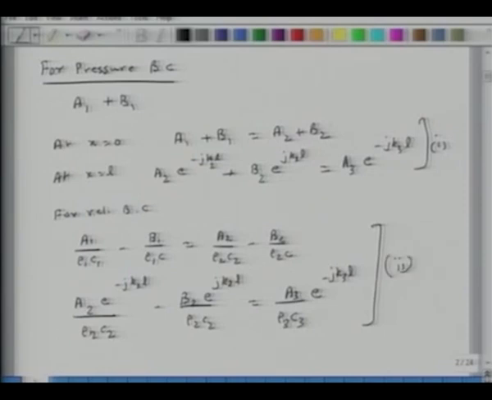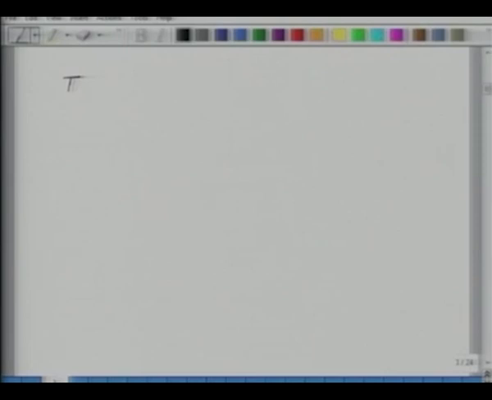So I have 4 equations, 1, 2, 3 and 4, and using these I can compute all the unknowns in terms of A1. What we are interested in understanding is how much power is transmitted and how much power is lost as sound moves through this media. So we will define a ratio T, the power transmission coefficient.